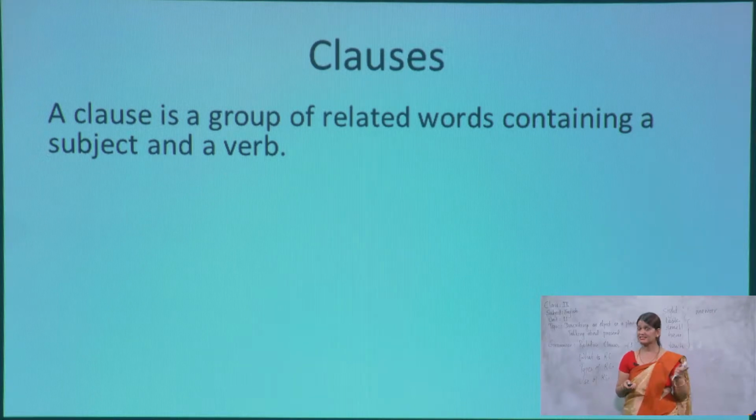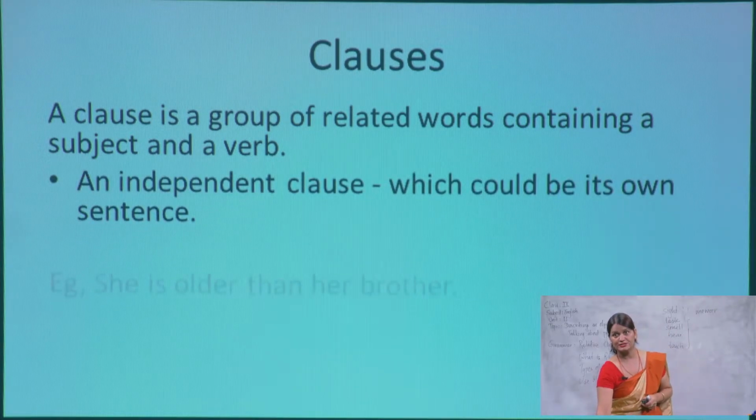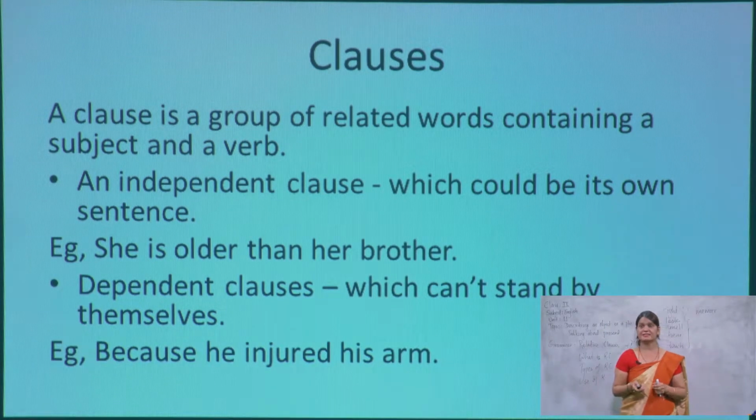As we discussed, phrases do not have a subject and verb, but clauses have a subject and verb. Have a look at the example. There are 2 different types of clauses: the independent clause, and the dependent clause.